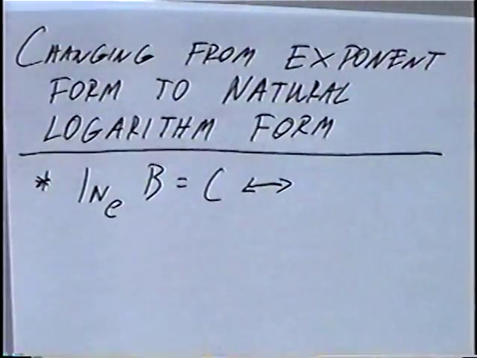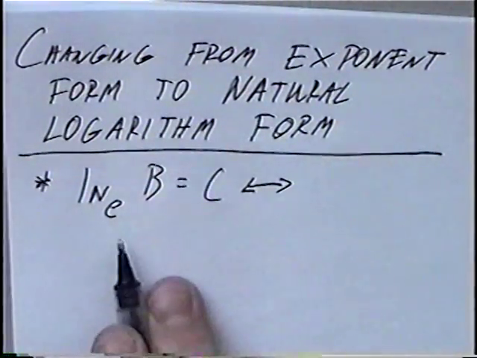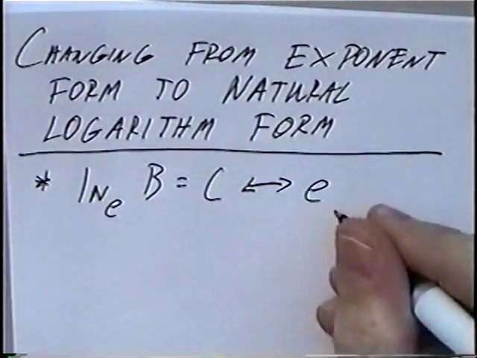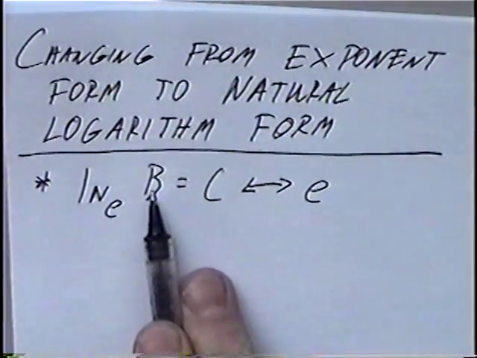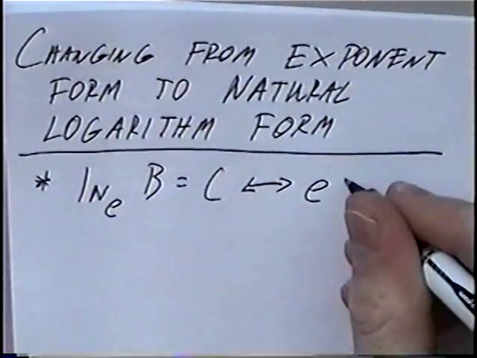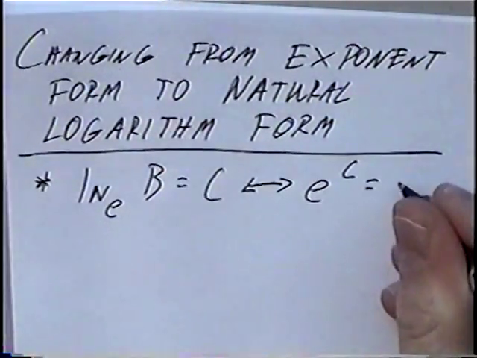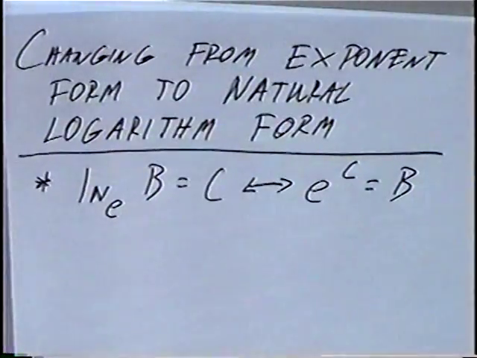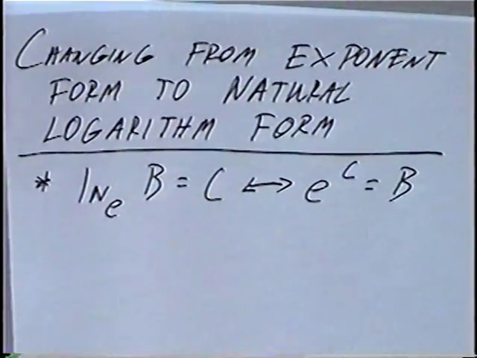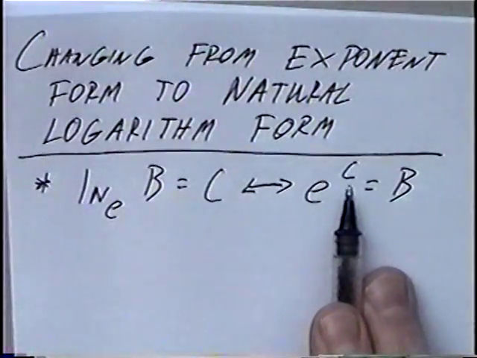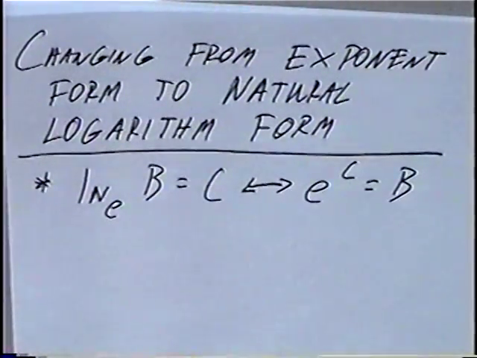And switching this into exponential form, the base e will become the base for the exponential form. And similar to the log equation, b and c will switch sides. So c will become the exponent, and we'll have it equal to b. So the natural log of b, base e is equal to c, is the same as e to the exponent of c equals b.